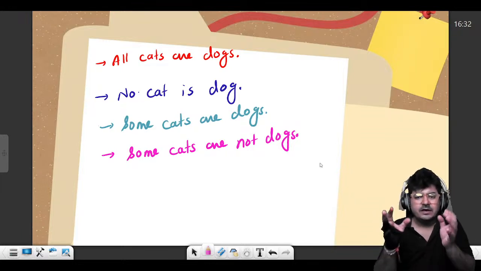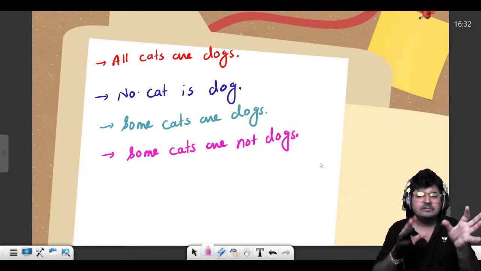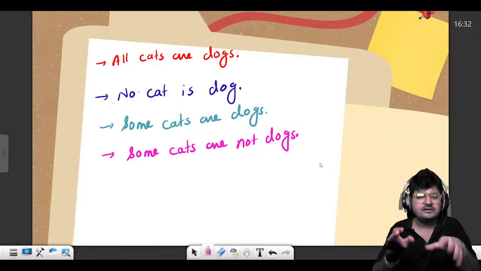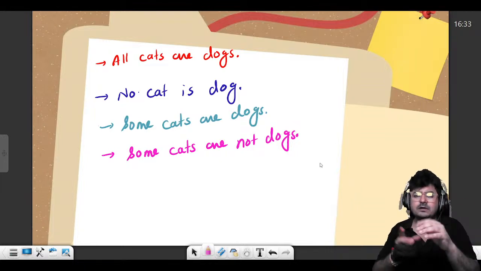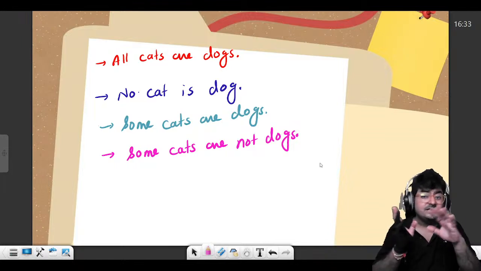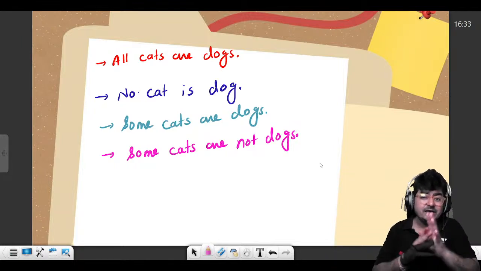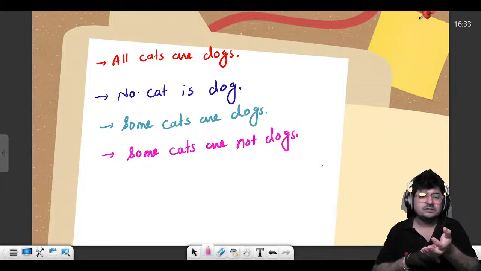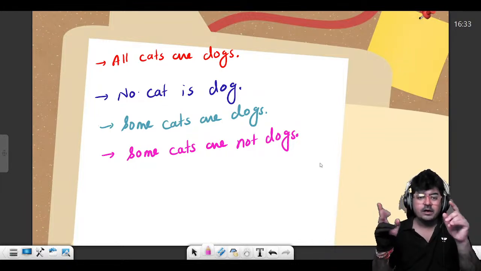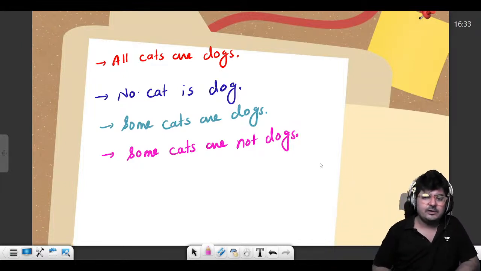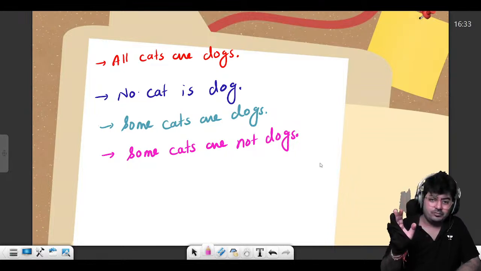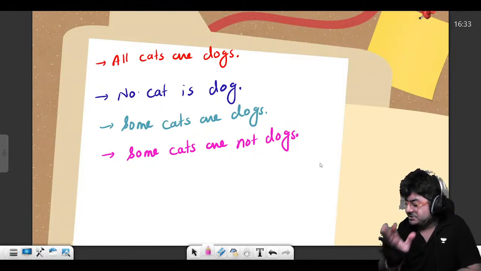It means if there are, suppose, 100 cats and some cats are not dogs, like 10, 15, 20 cats are not dogs, then the remaining cats could be dogs, could be something else, or maybe nothing. But we will not assume that if some cats are not dogs, the remaining cats will be dogs. No, it's not like that. You can't assume unless it is mentioned.